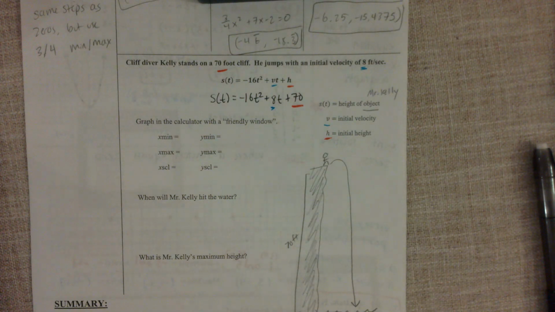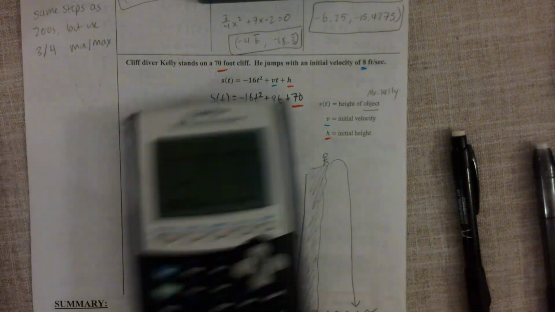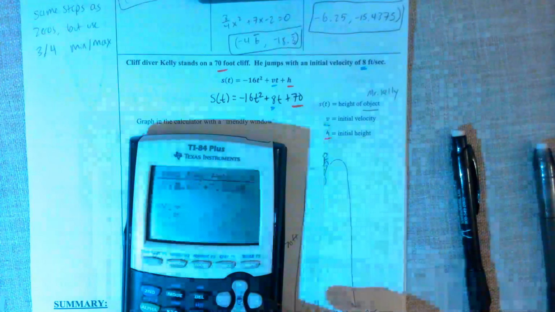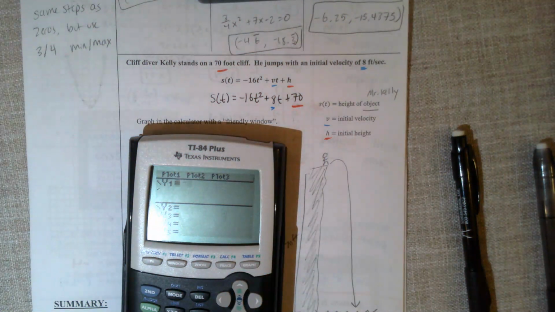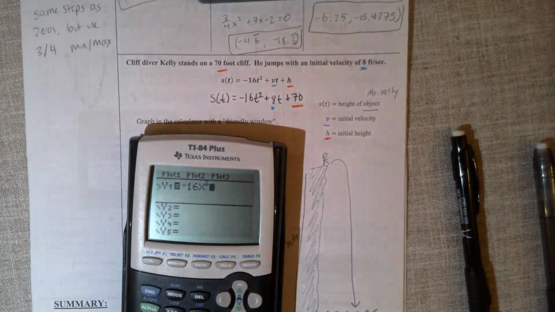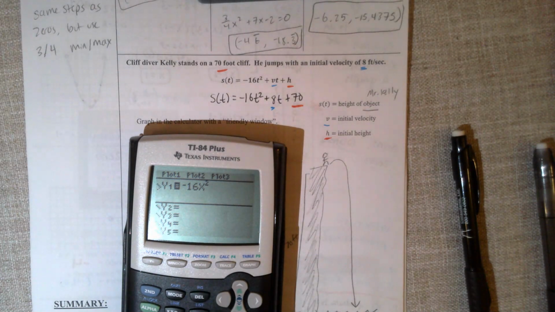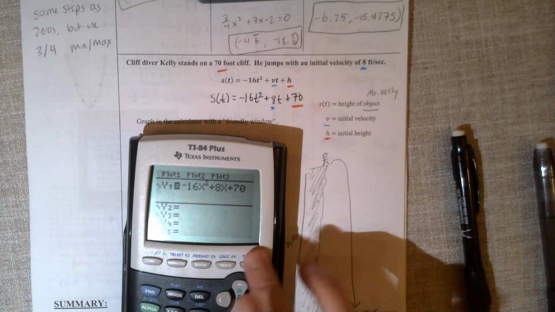Okay, so let's just graph it first so we can get an idea of what's going on. So we have negative 16x squared. In the calculator, you're just going to always use x's, even though in your formula you have a t, right? Plus 8x plus 70, graph.